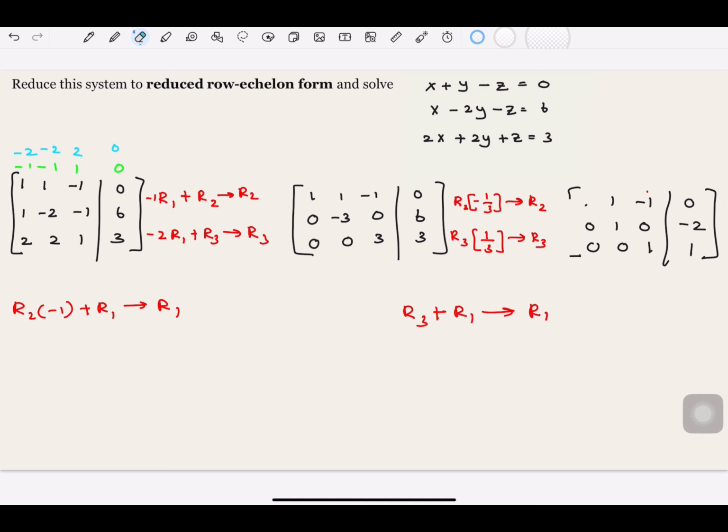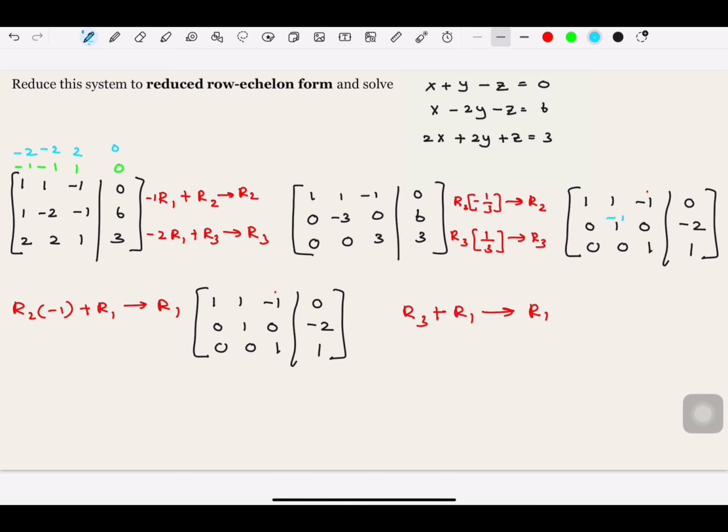So let me copy this down, and I'm going to paste it over here. First of all, you have to multiply R2 by -1.